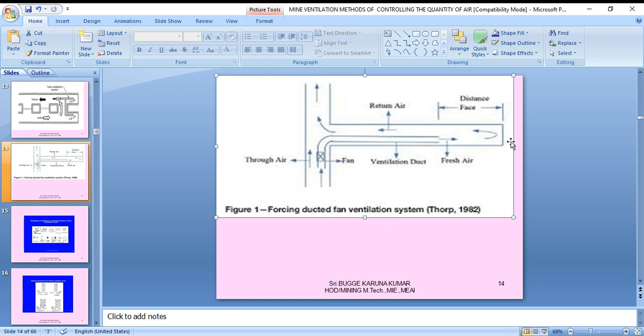This is actually the auxiliary ventilation system, but for understanding purposes I am giving it here; it will be covered in the upcoming classes. For forced ducts, the air is forcibly entering the heading. This is the distance from the face to here. This is the return airway going this side. But this circulation is a problem, which is why some fresh air is added to this one and goes on for further ventilating purposes.